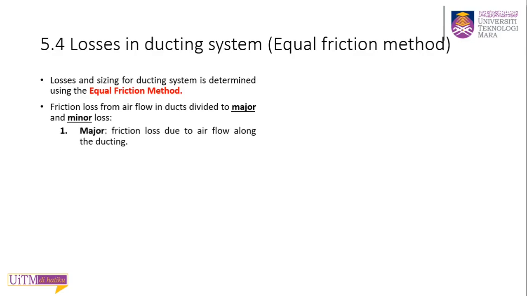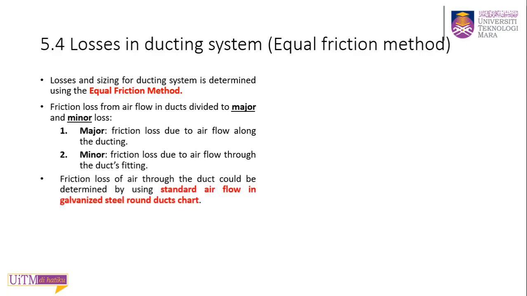Major losses are due to airflow inside the ducting system, while minor losses are due to airflow inside the fittings, diffusers, and return grills. Using the equal friction method requires two types of chart. Number one is the standard airflow galvanized steel round duct chart, which we will look at later. And number two is the equivalent size rectangular ducts chart.